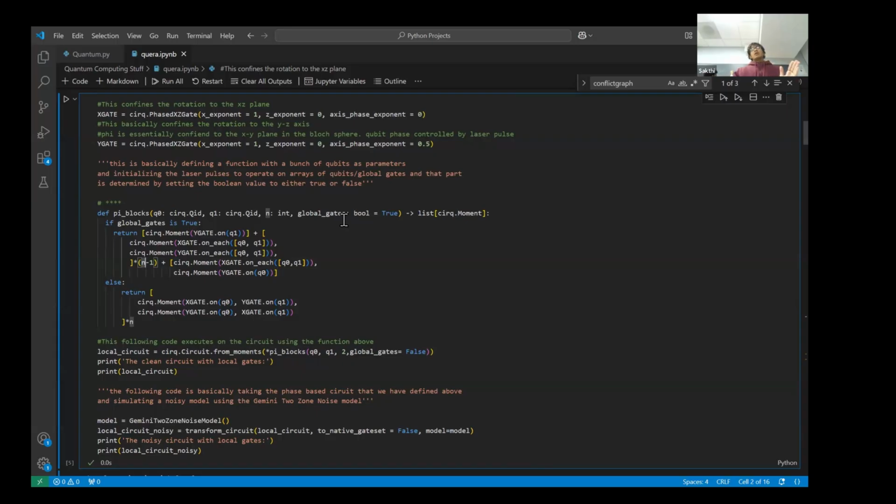When you're doing a global gate, you're applying the same laser pulse on multiple different qubits, and even though they're not exactly aligned with the state that you're expecting, they're in the same direction. So comparatively, you get much less error.